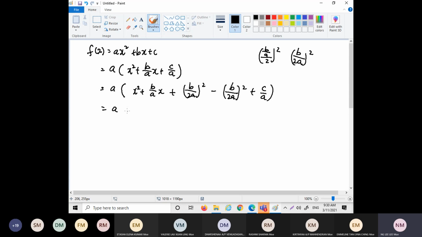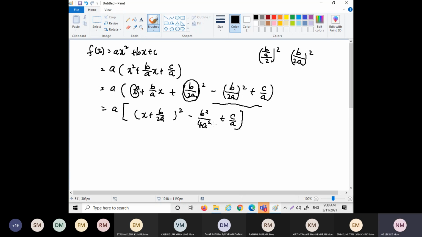Next I'm going to write out the brackets from here and from here. So it's x plus b over 2a, and then squared. Then I have to expand this and combine this. Negative b squared over 4a squared, I bring in the square for every term, plus c over a.